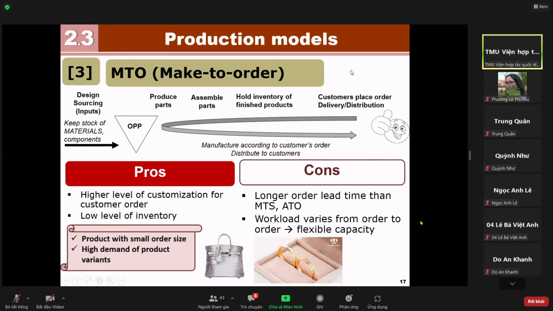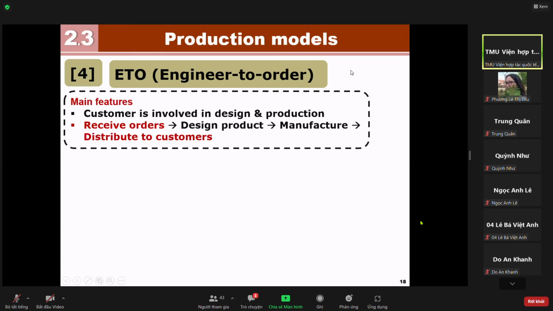So that's the next model, which is called ETO, standing for engineer to order. This is the model with the highest level of customization. Why do I say so?